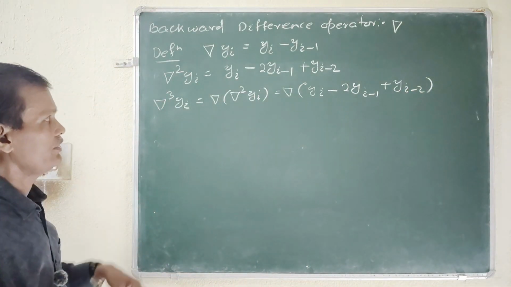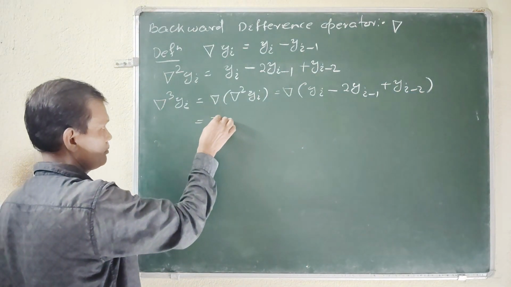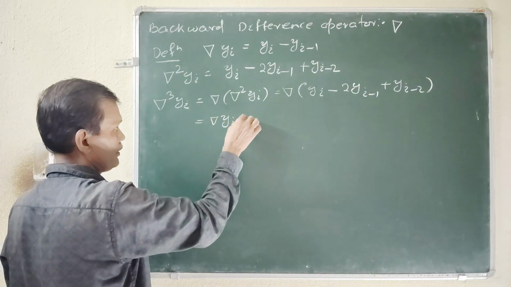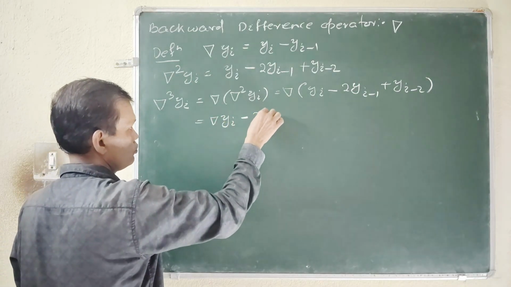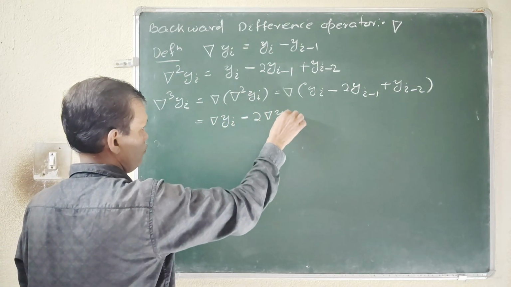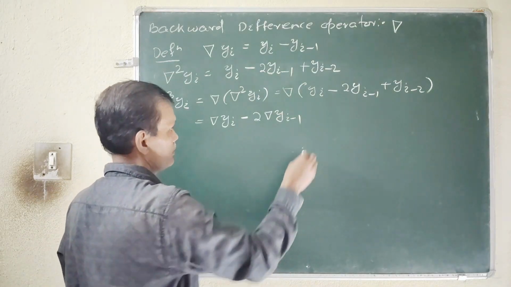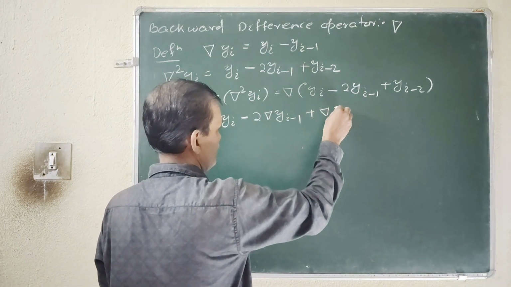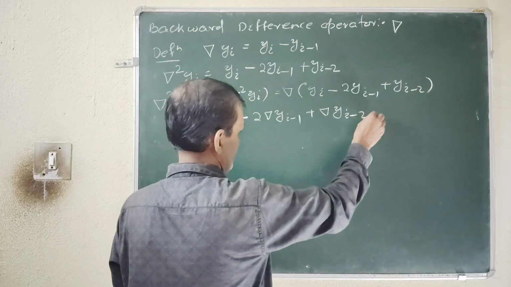Applying linearity, that gives backward delta yi minus 2 backward delta yi minus 1 plus backward delta yi minus 2.